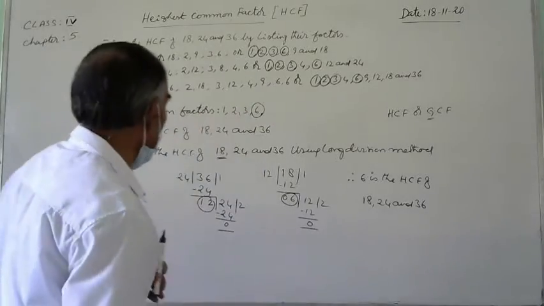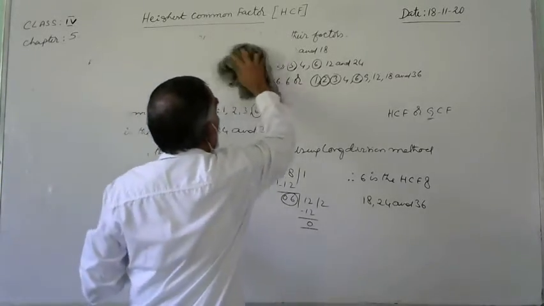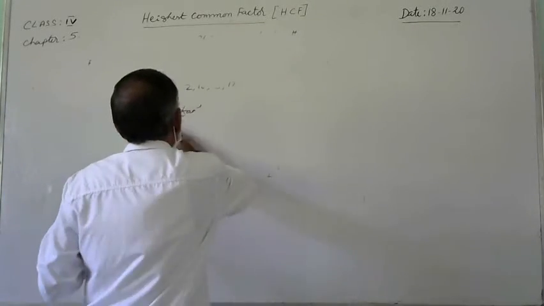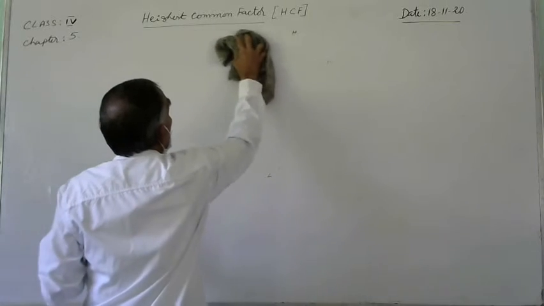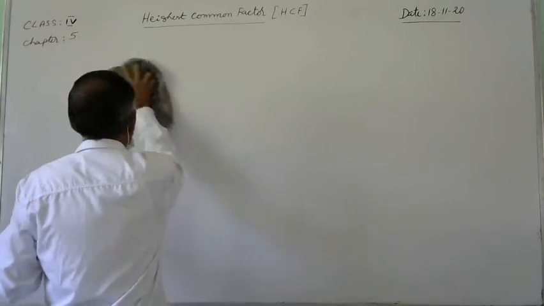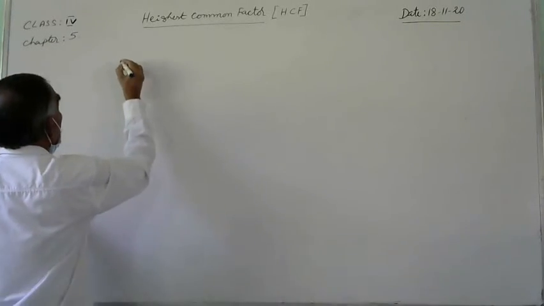One more example I will do. You see here, to find the HCF of numbers, I will take a little bit bigger numbers. Okay, you take the smaller numbers until you have the practice.